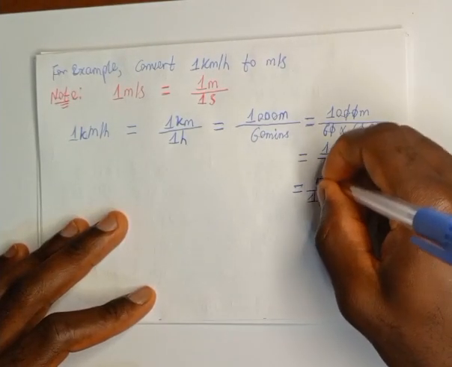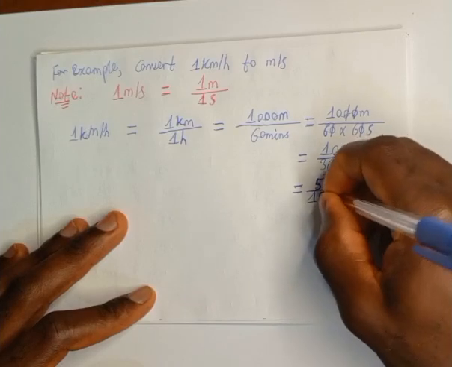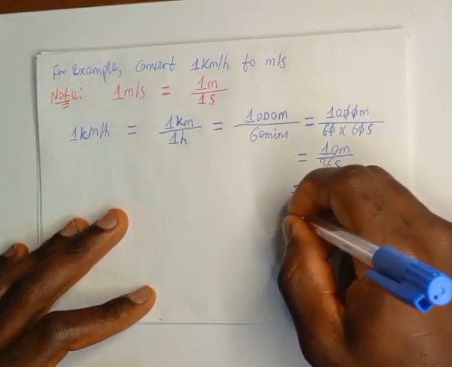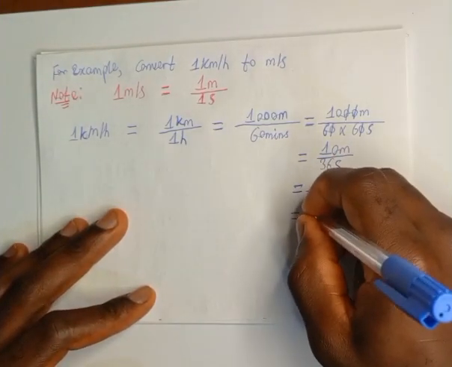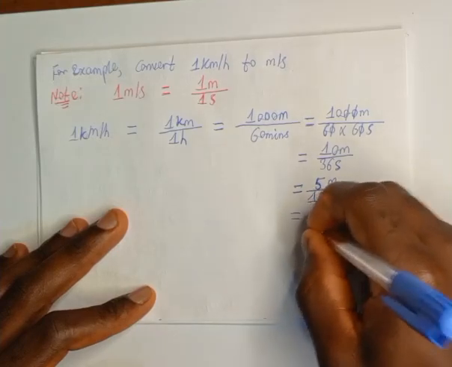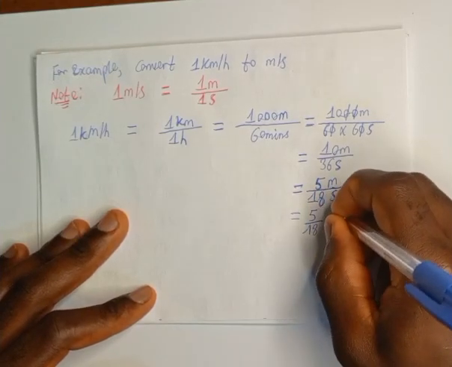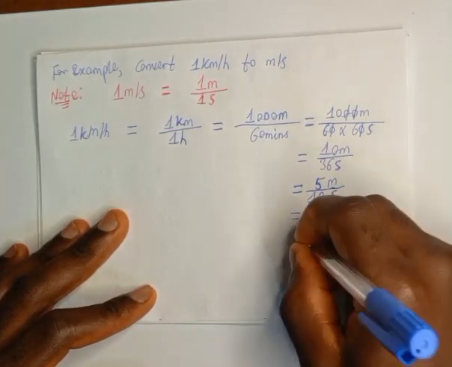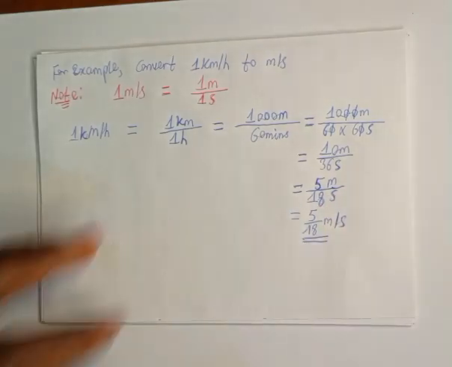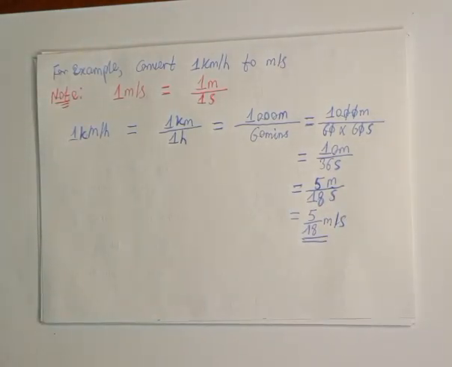Here we have meters over seconds, and this will simply be equal to 5 on 18 meters per second. That means an object moving at a speed of 1 kilometer per hour covers 5 over 18 meters in 1 second.